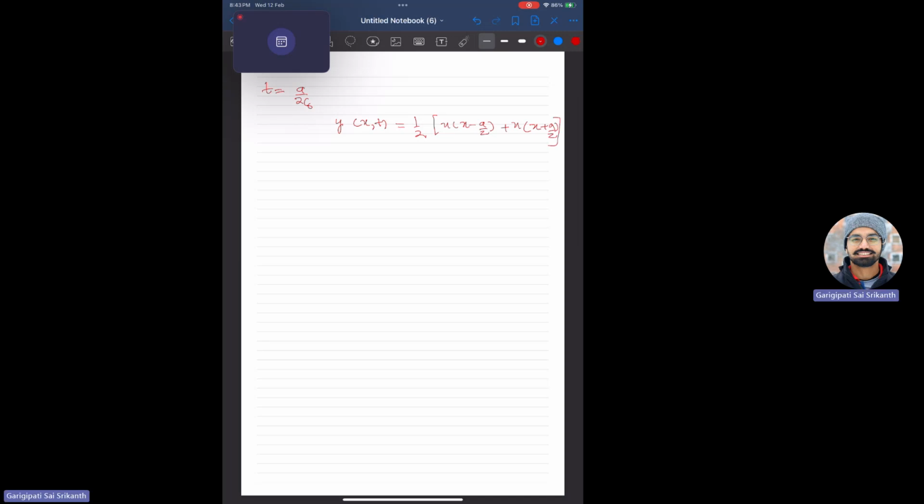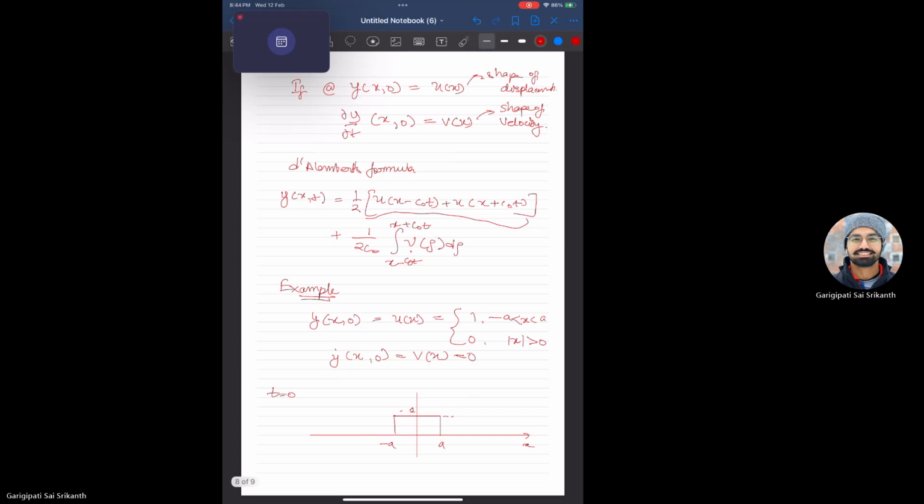Right, so if you draw this, what you see is there are two waves now. We divided this into two parts, a superimposition.